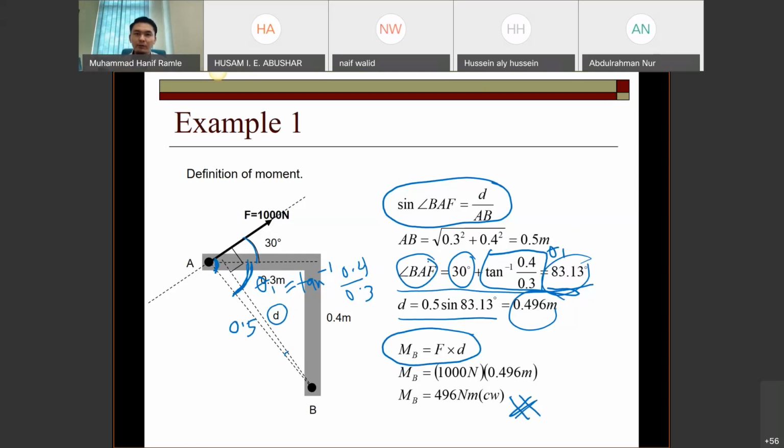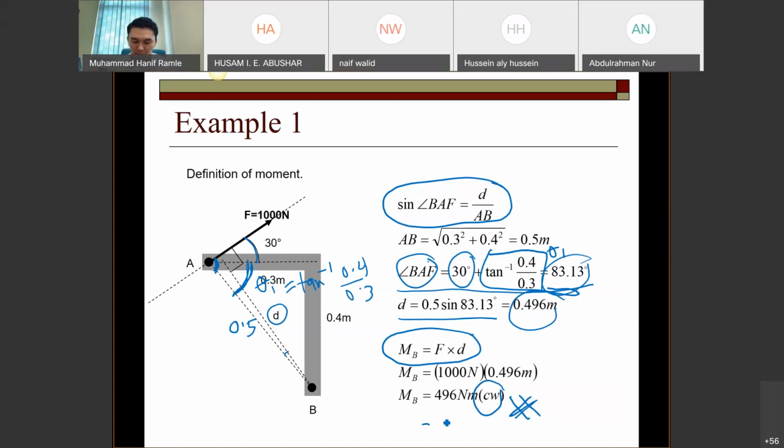So just now your friend said that the answer should be negative. Yes, I agree with you. But in this example, the final answer already states clockwise. If you already state clockwise, there is no need to put the negative sign.